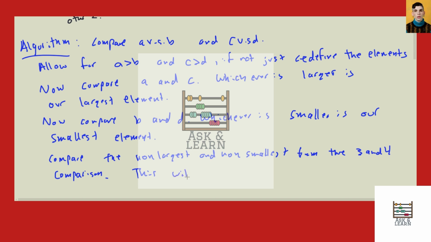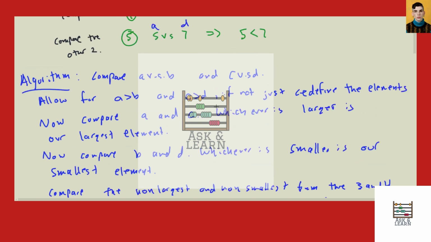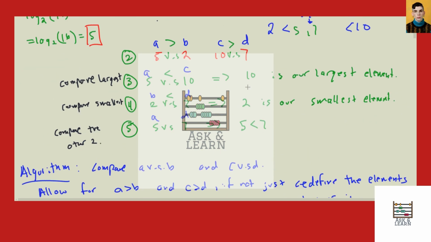This will have sorted all of the elements. All right, so that's essentially one algorithm. You could also come up with a slightly different algorithm that also gets it in 5 comparisons. This seems, at least to me, to be the most straightforward, at least for the example that I cooked up.